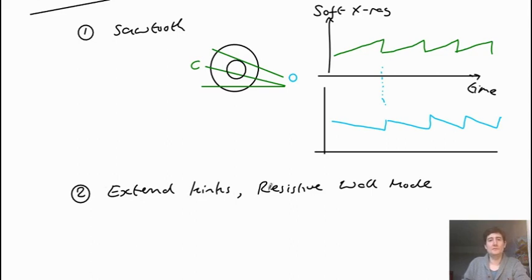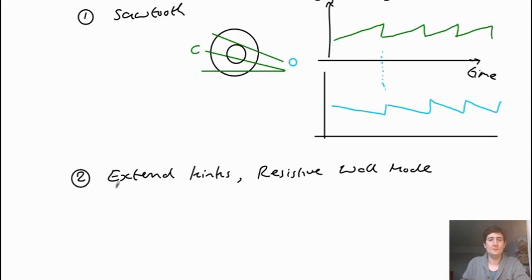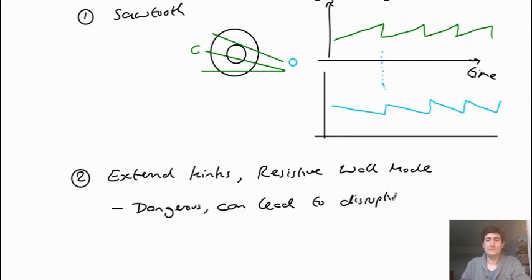And it can be quite a dangerous instability because it involves the entire plasma moving, and so it can essentially throw the plasma against the wall of the machine. We'll cover these later. These are dangerous because they can lead to disruptions of the plasma.